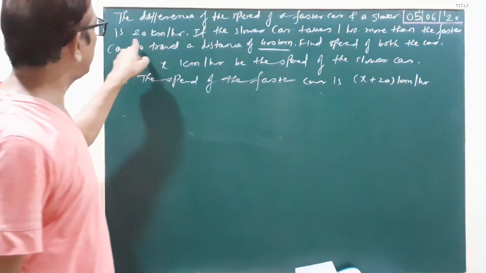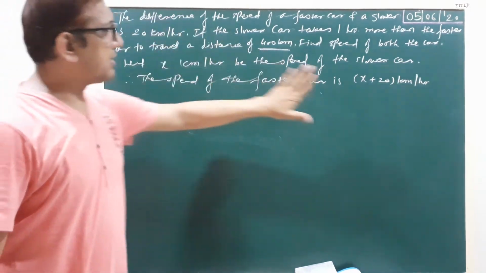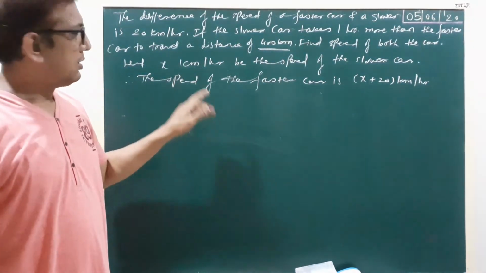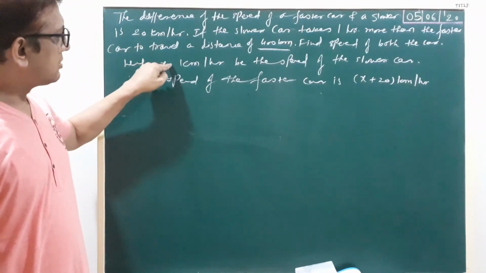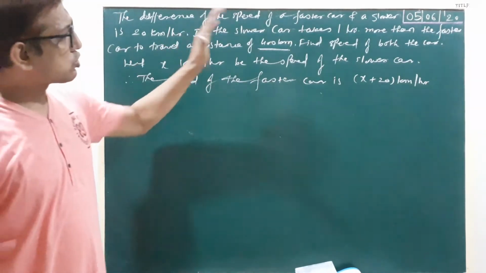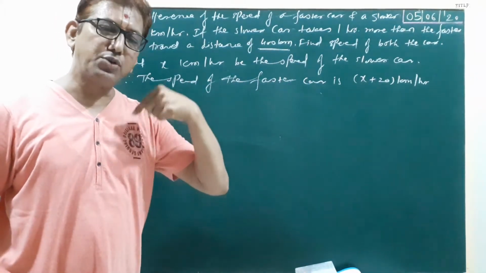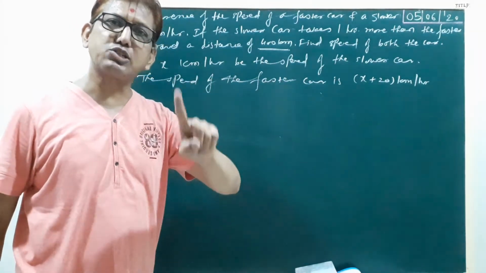Look at your unit, 20 km per hour. That means the difference of these two cars is 20, right? Otherwise you can suppose x is the faster car, so the slower car is x minus 20.